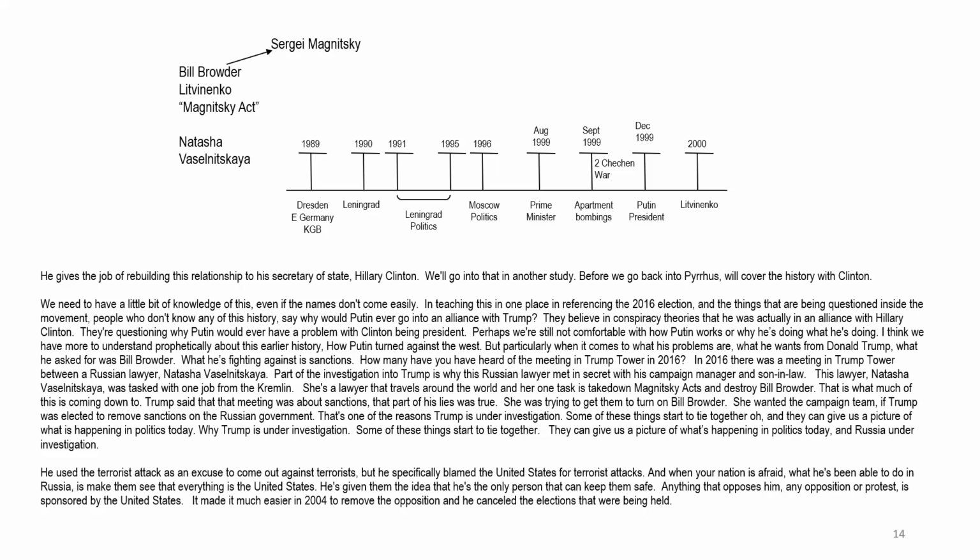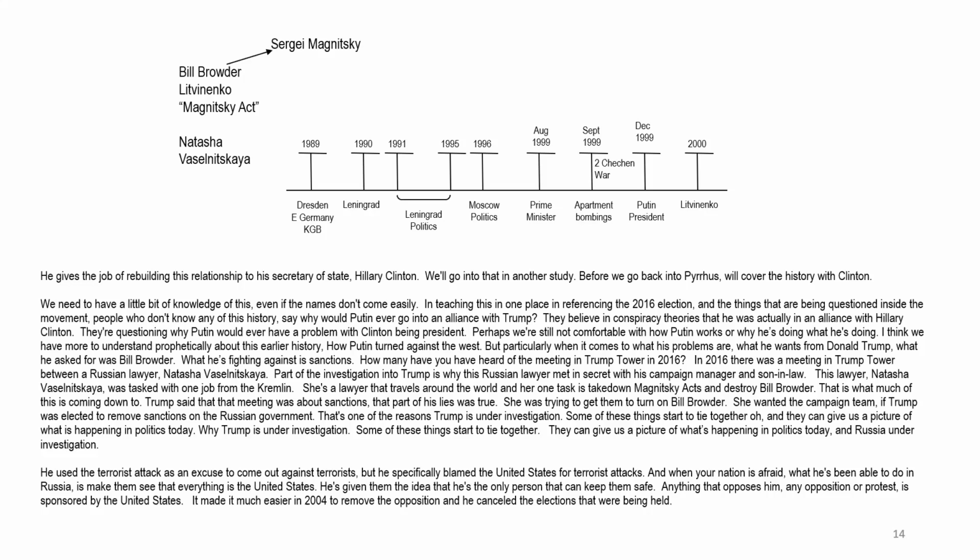Part of the investigation into Trump is why this Russian lawyer met in secret with his campaign manager and son-in-law. This lawyer was tasked with one job from the Kremlin. She's a lawyer that travels around the world, and her one task is to take down the Magnitsky Act and destroy Bill Browder. That is what much of this is coming down to.